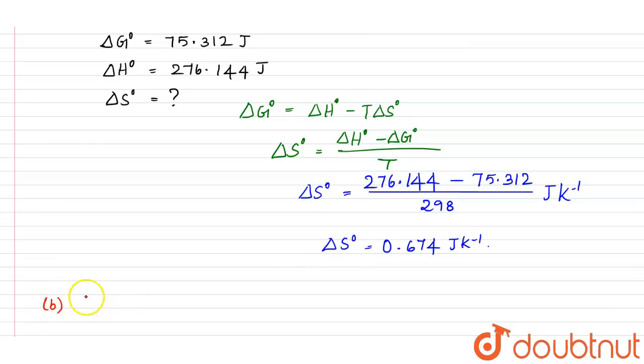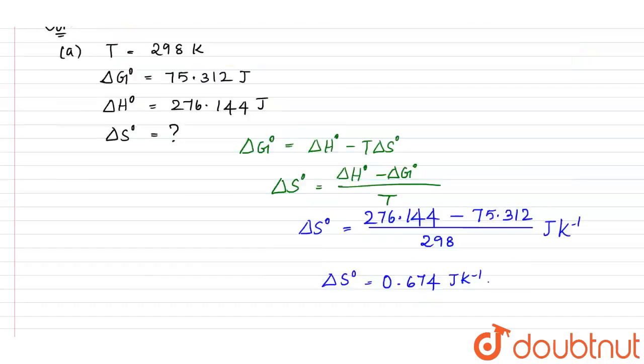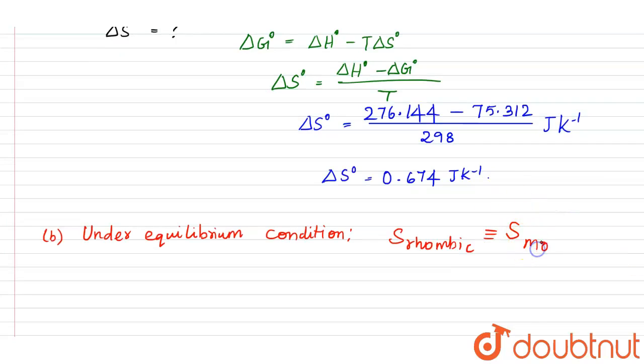Under equilibrium condition, sulfur rhombic is equivalent to sulfur monoclinic, the two forms of sulfur, so the delta G value, the Gibbs free energy change, will be 0.